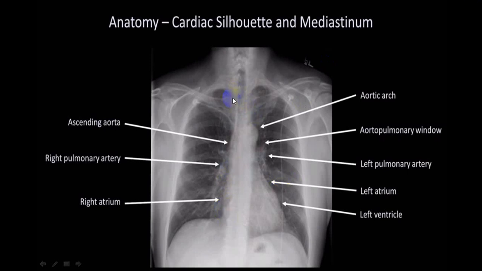So if there is any structure which is close to the right side of the heart, that will not be identifiable, and that is the right lower lobe or right middle lobe. Same way on the left side, lingular lobe and left lower lobe. If suppose you cannot identify this diaphragmatic border, see this curvature of diaphragm, right diaphragm.